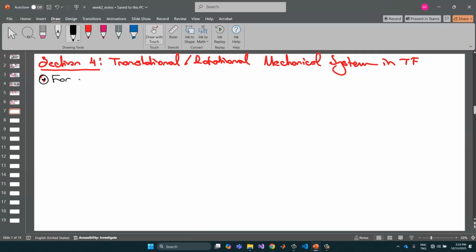Please speak loud. And what is rotational? Rotation is turning. The other one goes forward in one direction, right?